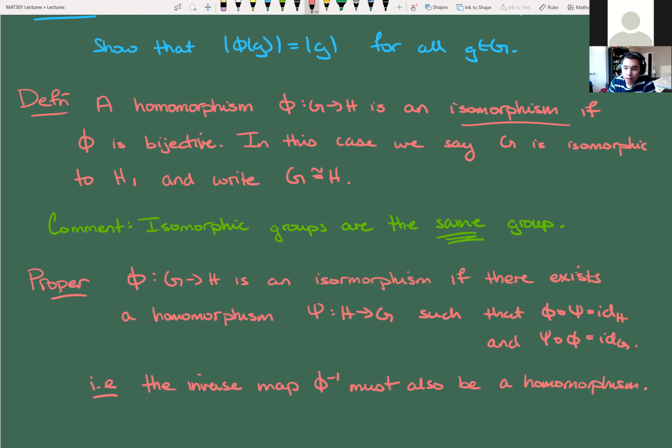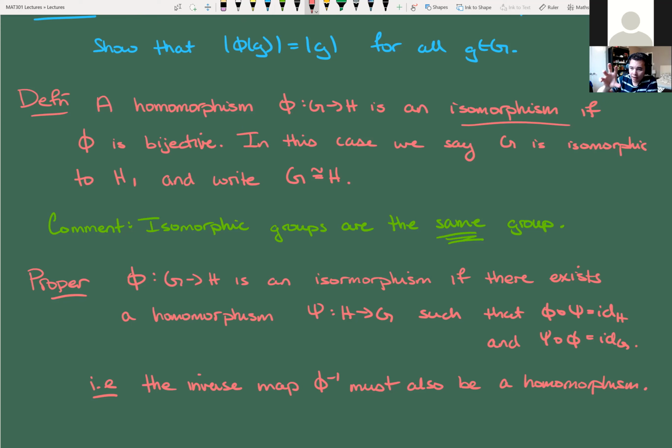Okay, and you might say, well, who cares, right? Why are you saying this? Well, okay, a couple of things. Remember, the idea of a homomorphism is that it somehow preserves the structure of its domain and kind of embeds that group into the codomain.